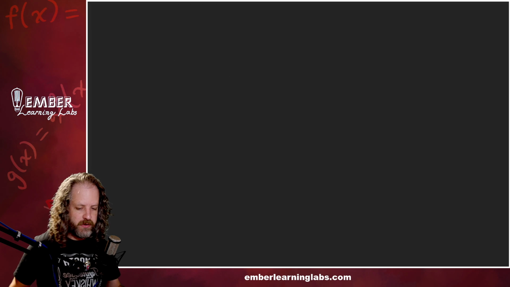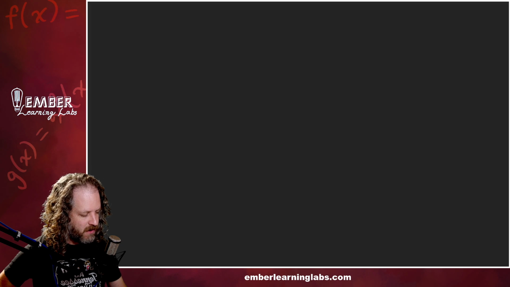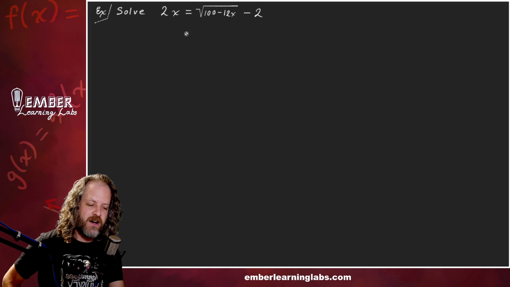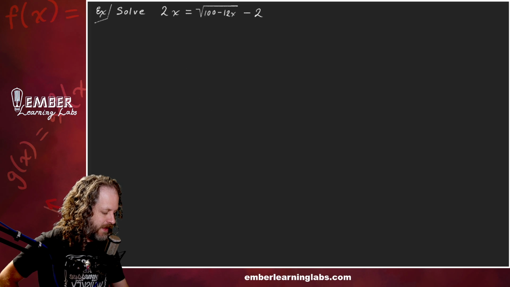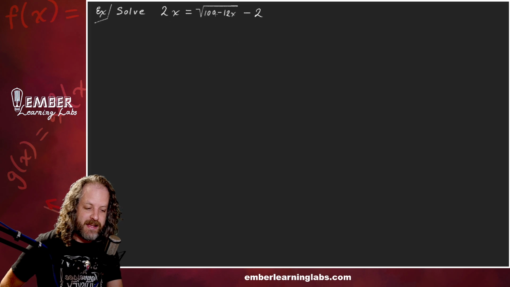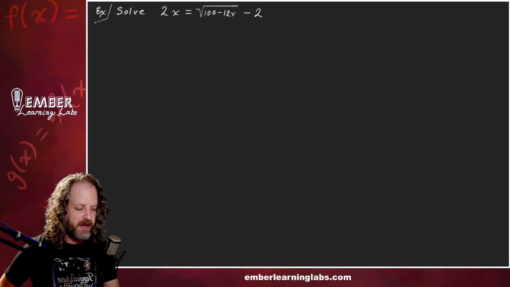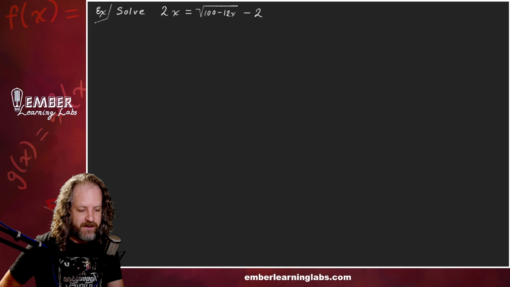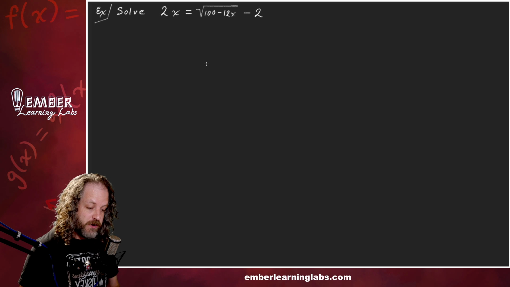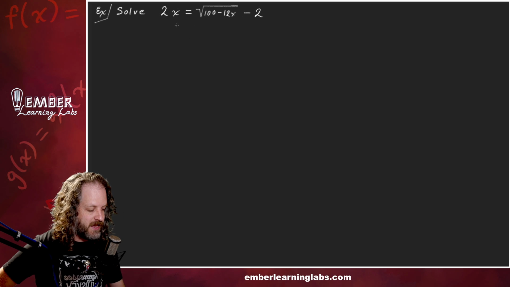All right, we've got one more thing real quickly. These won't take very long. We're just going to remind you how to solve a radical equation with a root in it, like what I did a minute ago on that pseudo example. What we want to do first, if possible, is isolate the root.